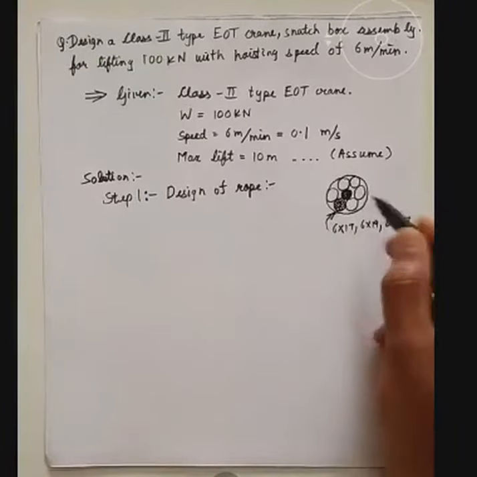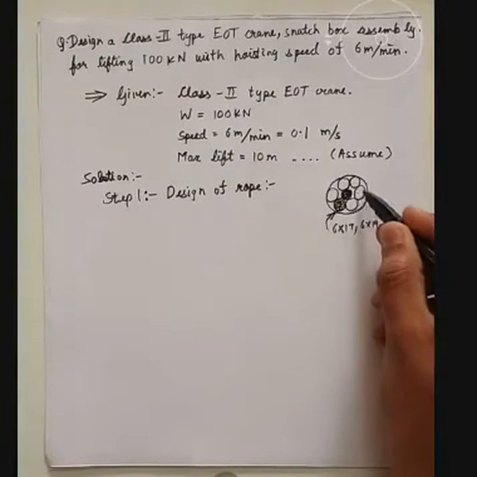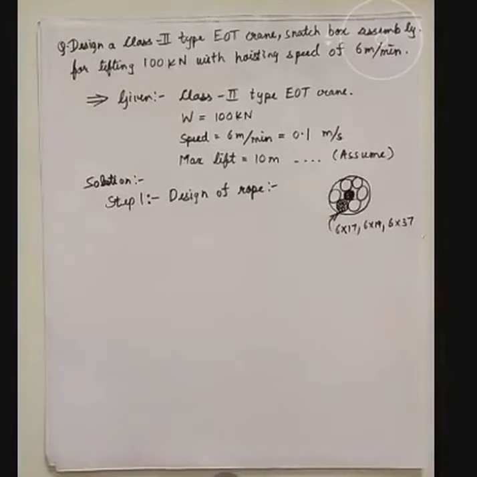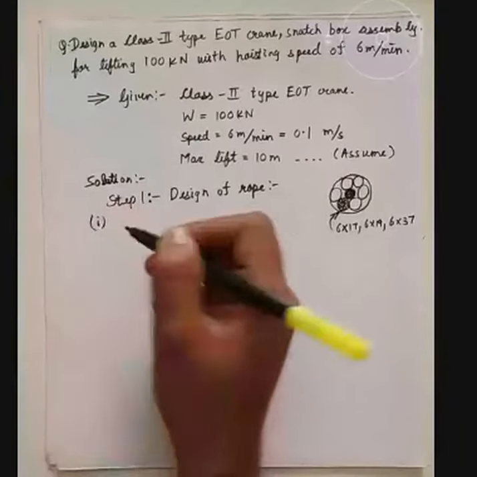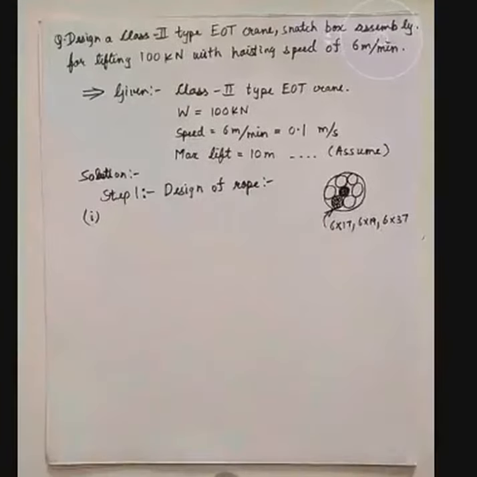If it is 37, there will be 37 small steel wires inside one single lobe. Based on this, we have to find the diameter of the entire rope, then the diameter of each small rope.